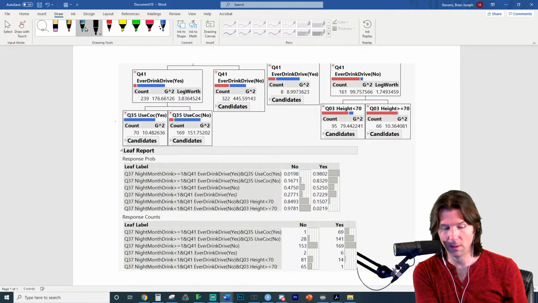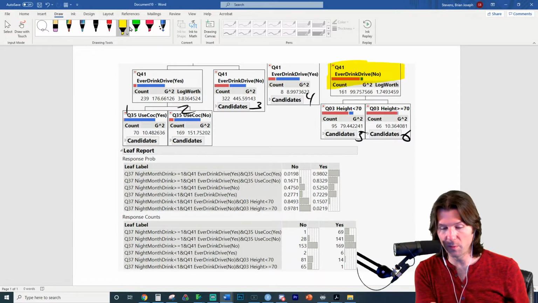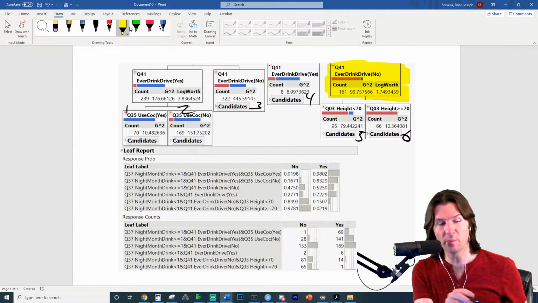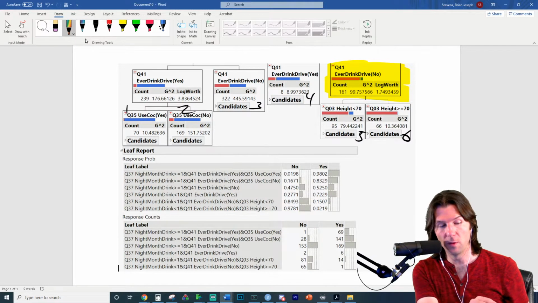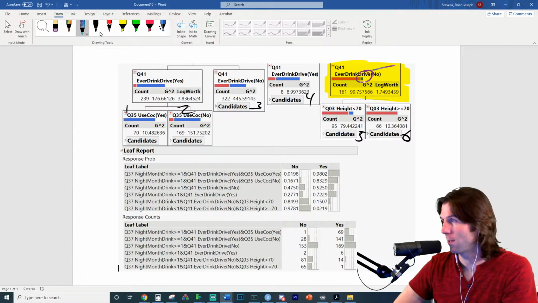So this is leaf 1, leaf 2, leaf 3, leaf 4, leaf 5, leaf 6. We want to know how many people have used marijuana in this leaf. So the people who've used marijuana in that leaf would be the people right here. So how many people are there in that little blue square?